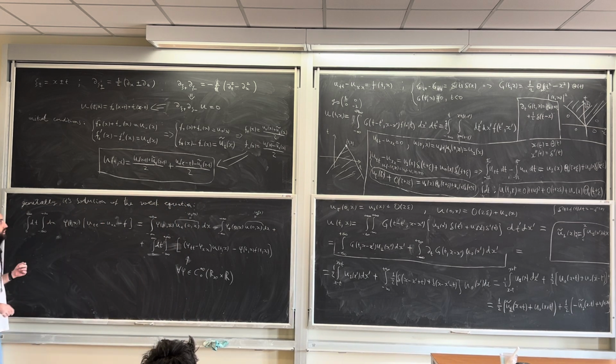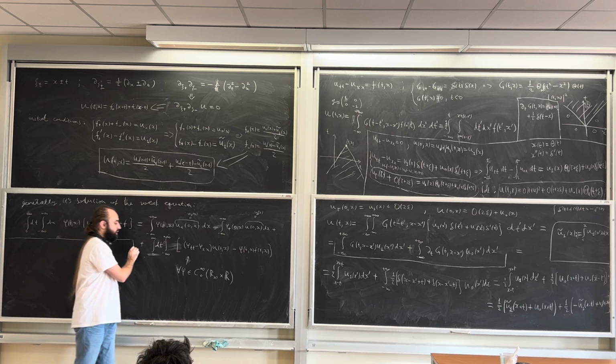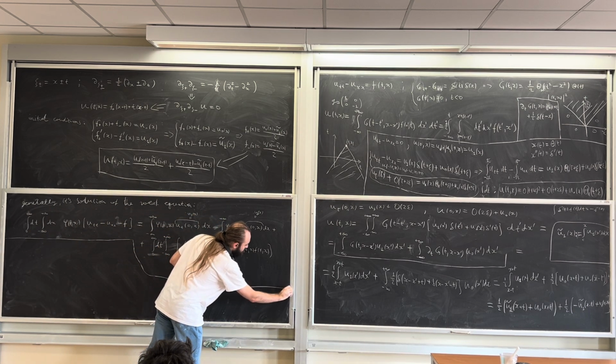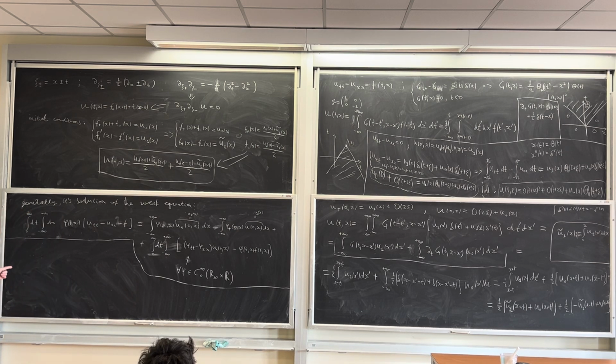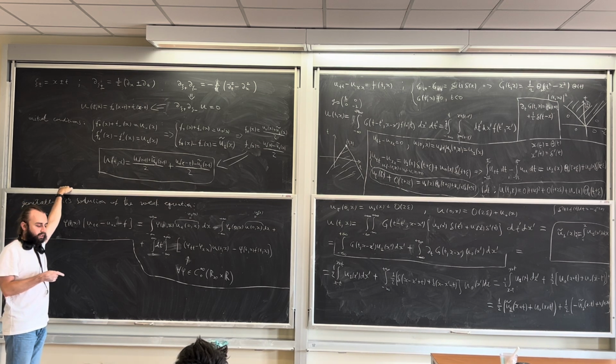Okay, and this simple form of solution allows us to solve this wave equation using only a pen and a piece of paper. So if someone brings you two initial conditions, u1 of x and u0 of x, you can draw them and then draw a solution for arbitrary time.